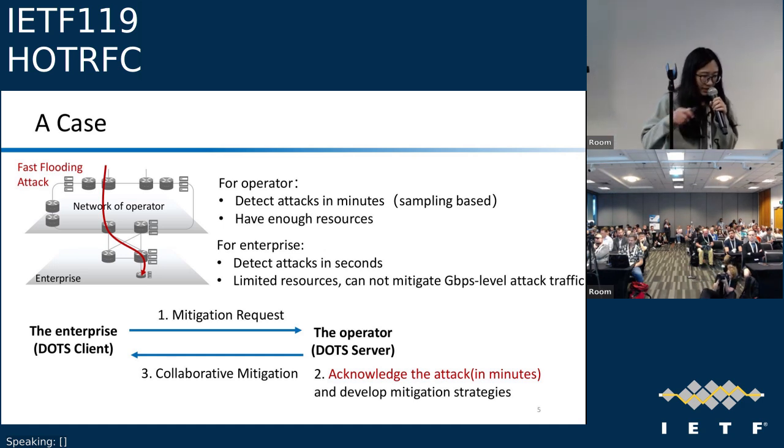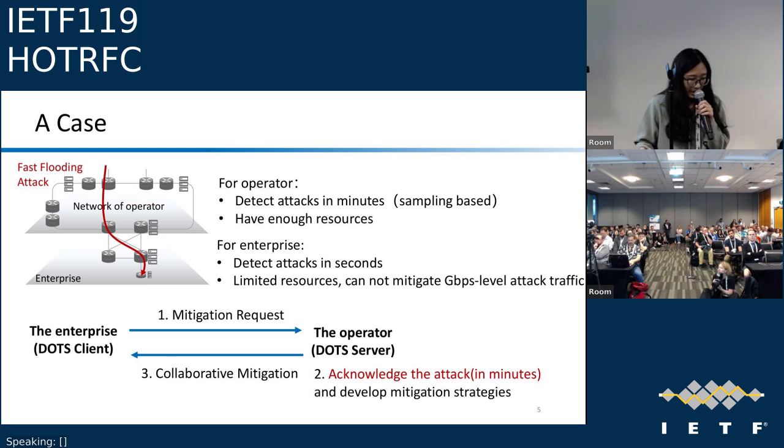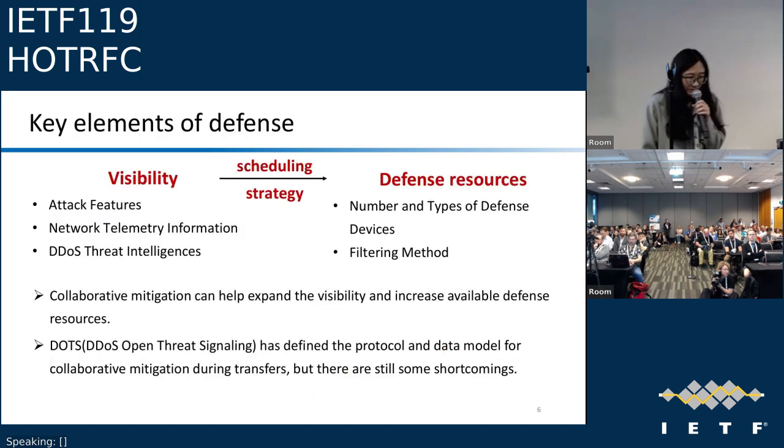So from the enterprise to the operator, which indicates the DOTS client, and to the server, we think the enterprise should make a mitigation request to the server, and the operator can acknowledge the attack and develop mitigation strategies, and then make the response.